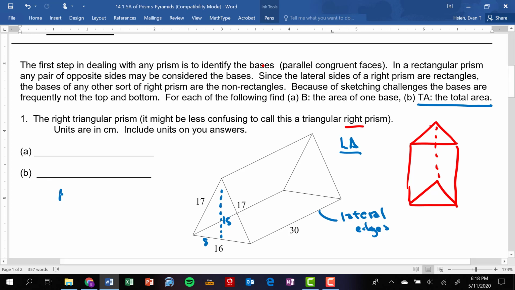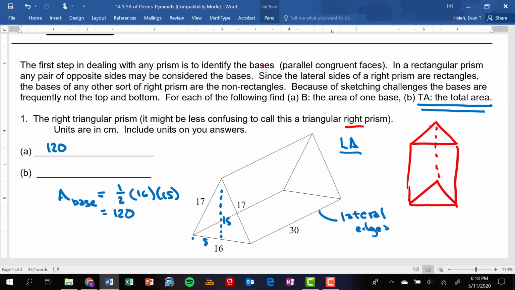So the area of one of the bases is going to be equal to 1/2 of the base, which is 16, times the height, which is 15. That'll be 120. So that'll be the area of one base, 120. Two of them together, obviously, will be 240. So as I calculate the total surface area, I'll need to include that.